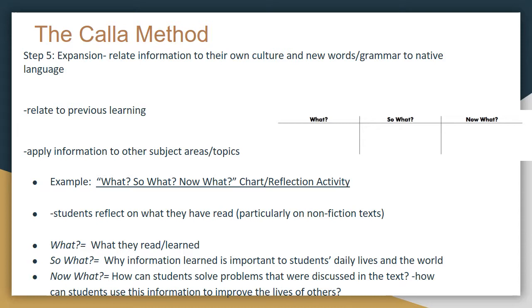So now that they've understood, now that they've learned the information, and now that they know that it's important, what are they going to do to help others? How are they going to apply this information in different contexts to make positive change in the world? Or how will they use this information in the future to improve their learning and the learning of others?